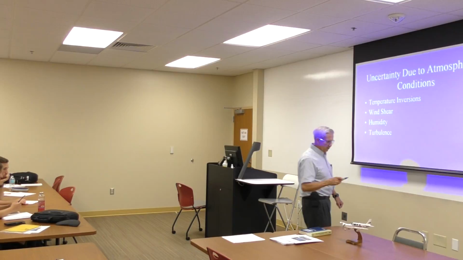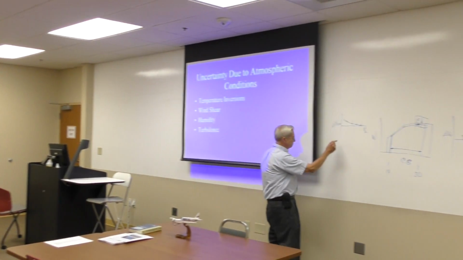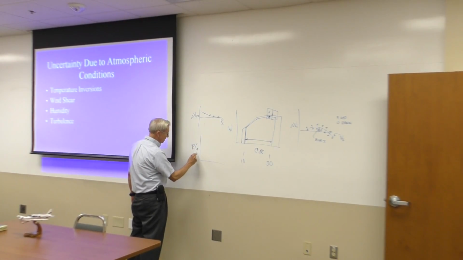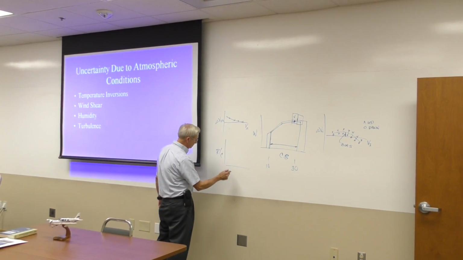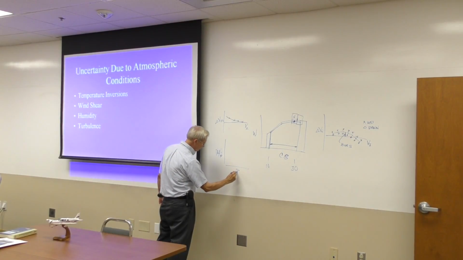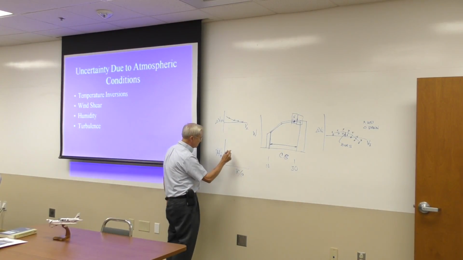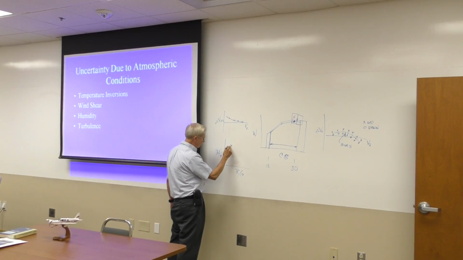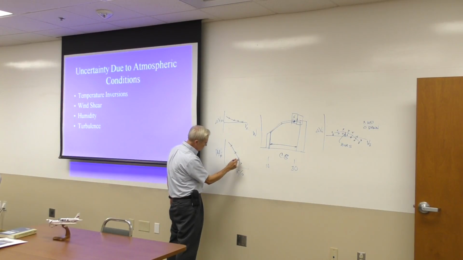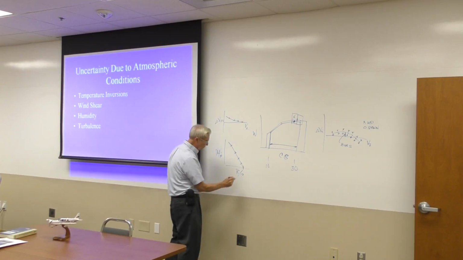And what happens when you plot up the rates of climb? This is altitude, H and P, and this is rate of climb. In dry air, your data points will look something like this as you go to altitude, and you extrapolate that to sea level, and that's where the requirement is.